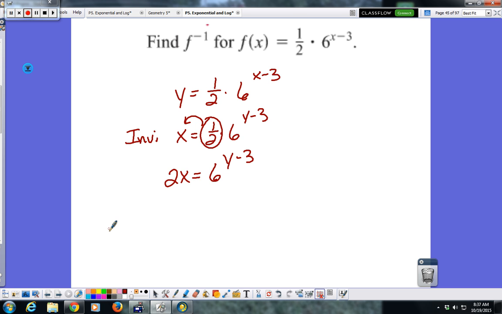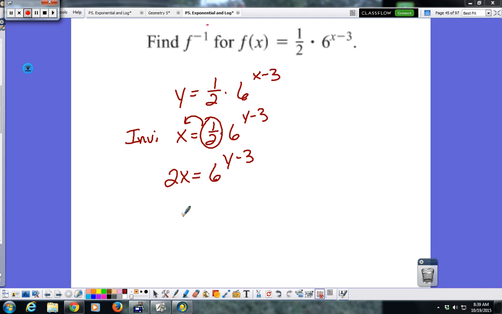Can I move the 6 over and just leave y minus 3 floating in the air? No. You can't just move the 6 over and leave stuff up in the air. So here's how you do it. Once you get to this point where nothing else moves over, change forms. Get really good at changing between logarithmic form and exponential form.